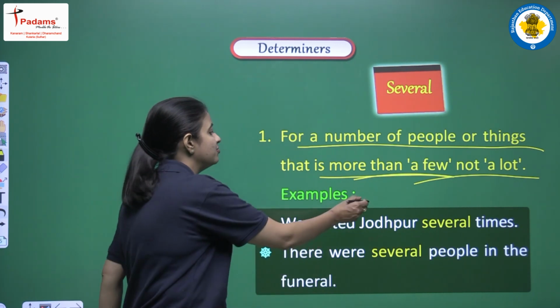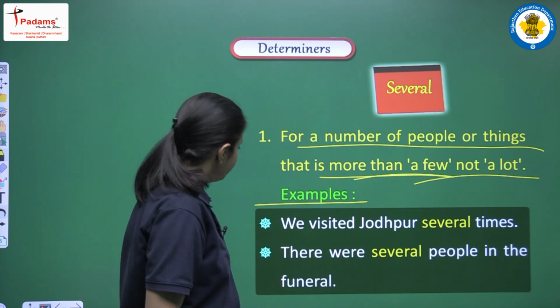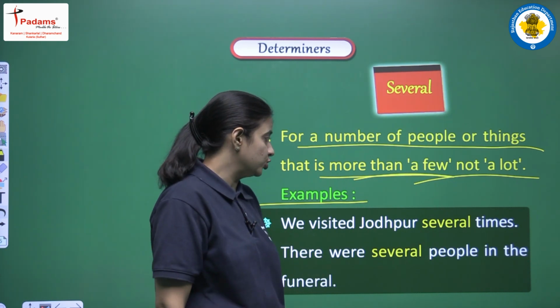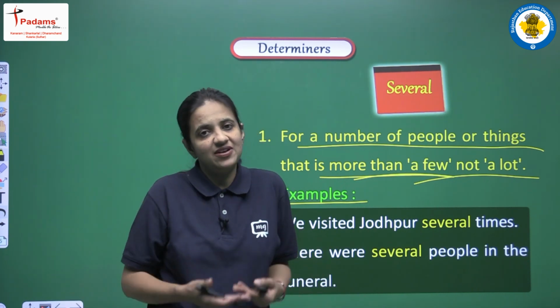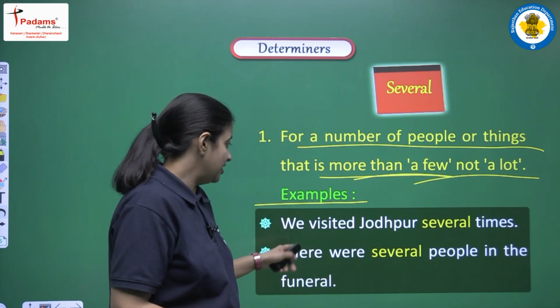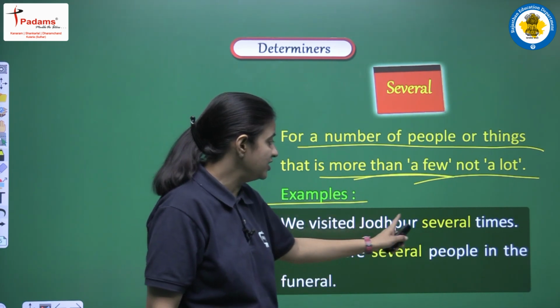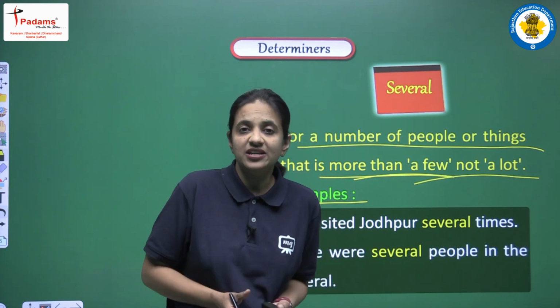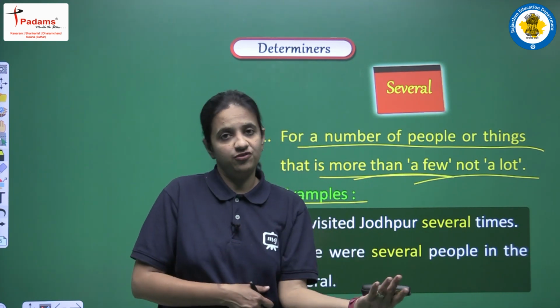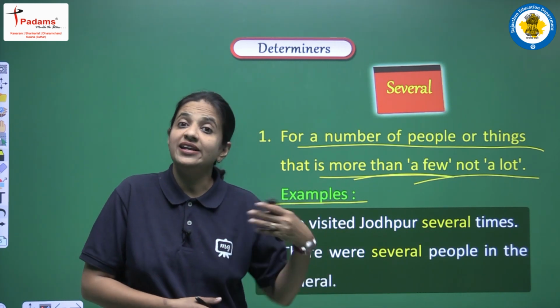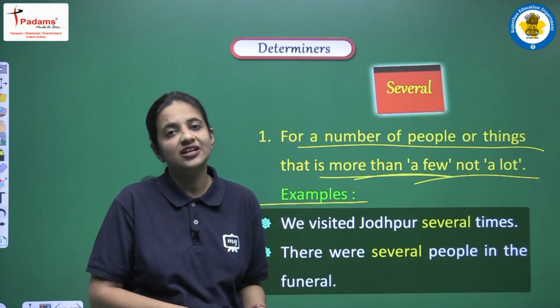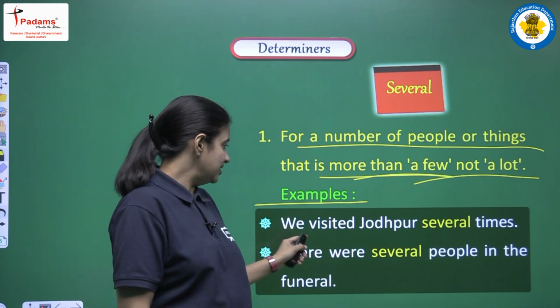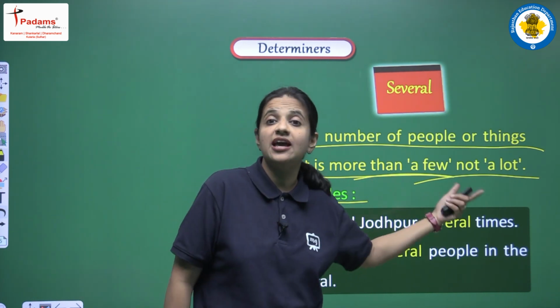And now we are having some examples. First one is, we visited Jodhpur several times. It's a very simple structure. It means many times, not less than a lot. In the similar manner we can use several times: we visited Jodhpur several times.